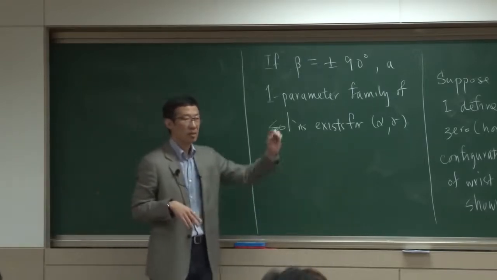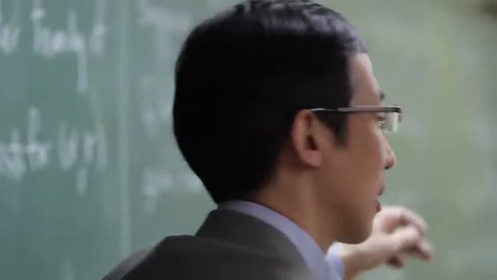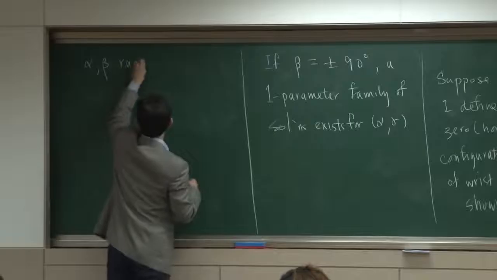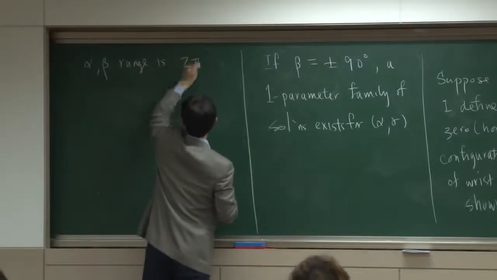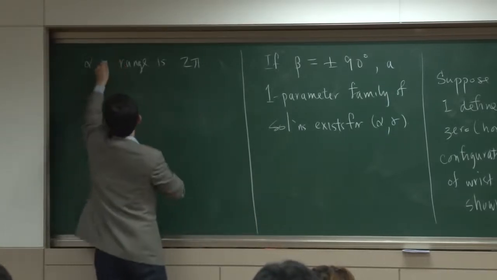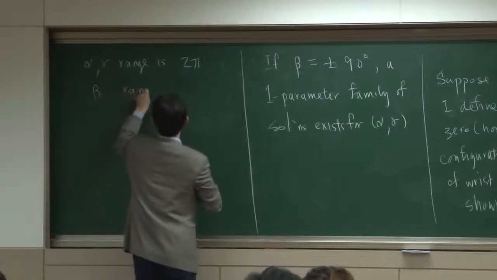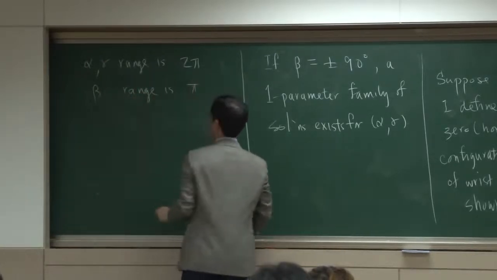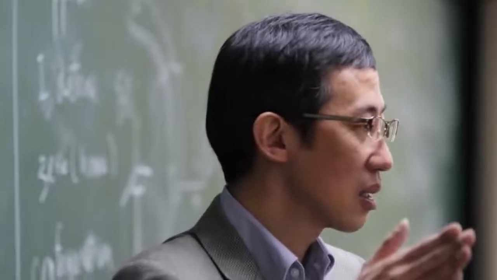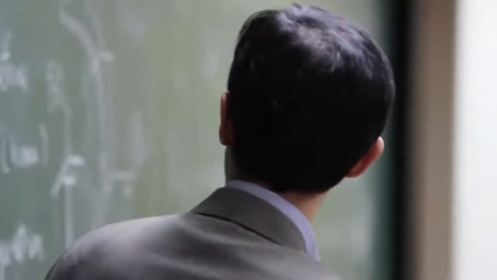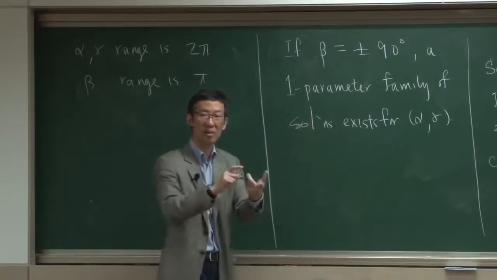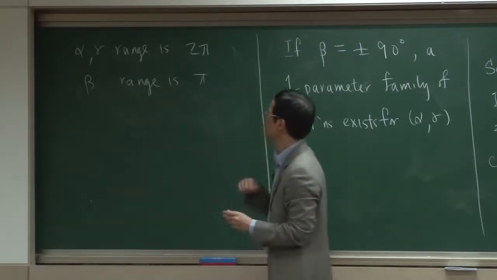However you define the axes, you'll find that for alpha and gamma the range is 2 pi, and the beta range is typically pi. And when beta is at the limits, there'll be a one parameter family of solutions.